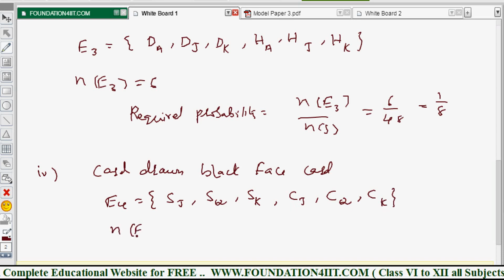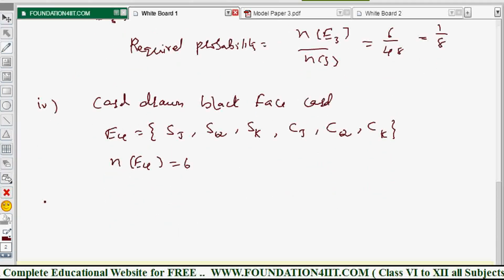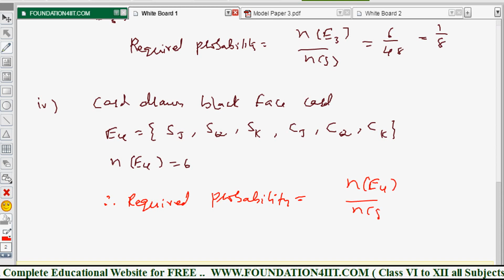Then n of E4 is equal to 6. Therefore, the required probability is equal to n of E4 by n of S. So 6 by 48, that is 1 by 8. Okay, this is the probability.